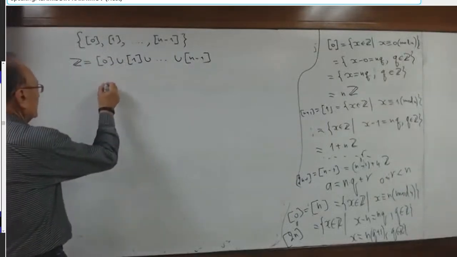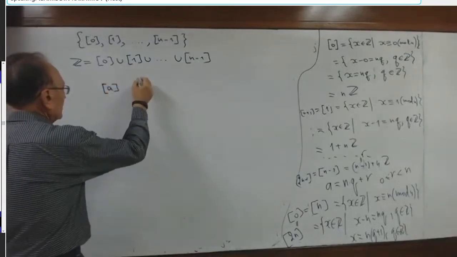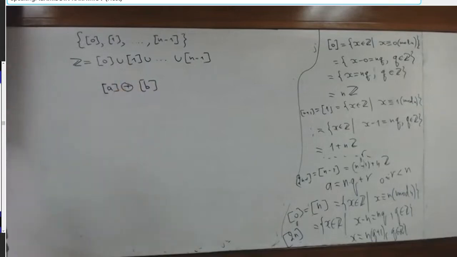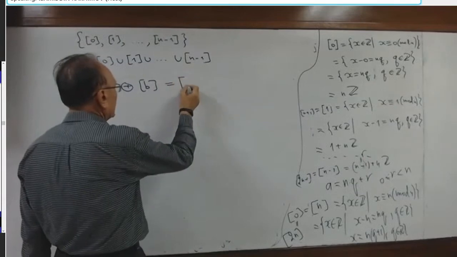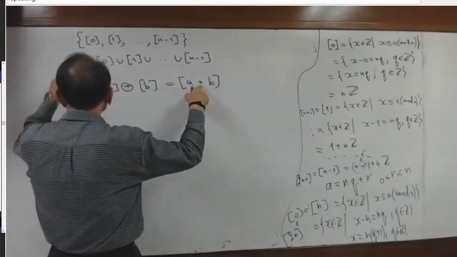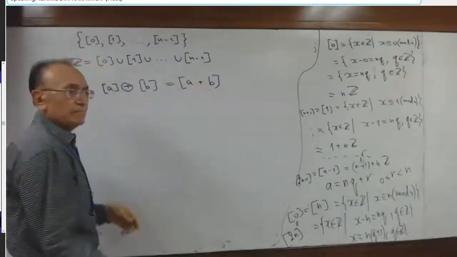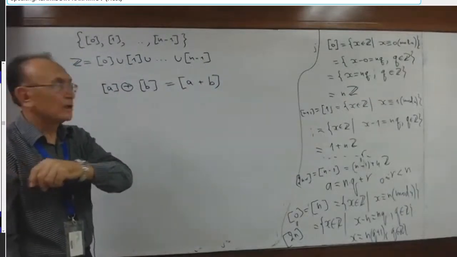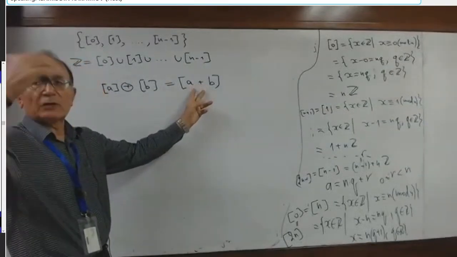I have two equivalent classes, one is A and one is B. I will define the addition operation between them. First, I will add them in Z, then divide by N and see the remainder. I will put here that equivalent class.